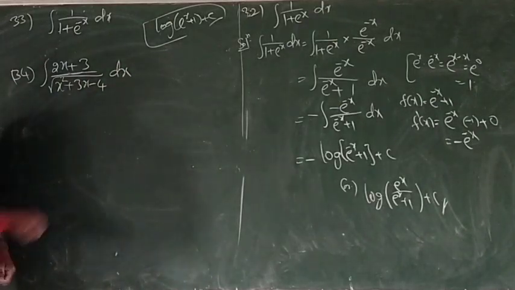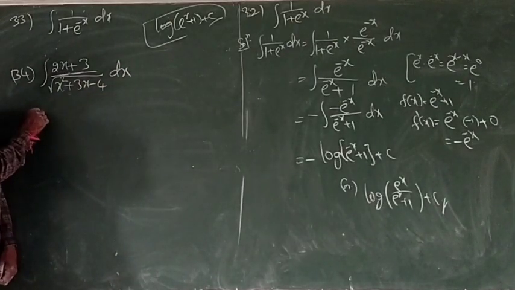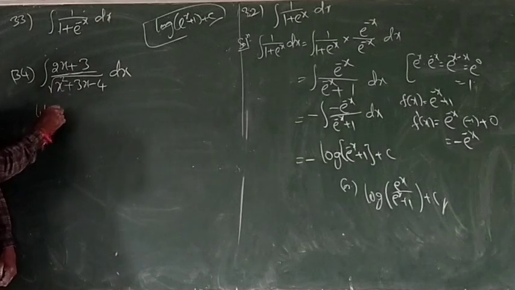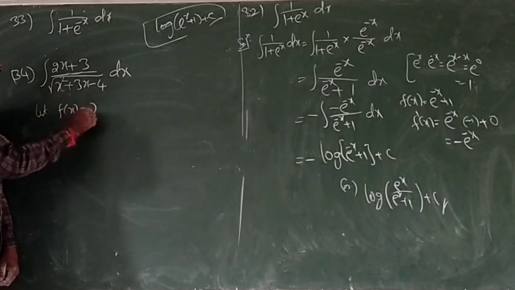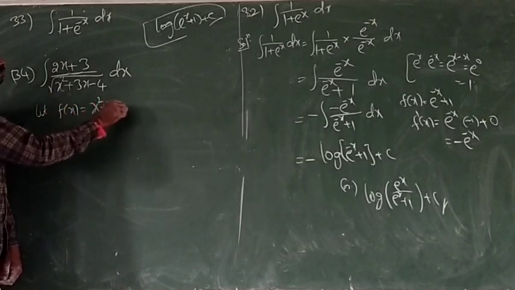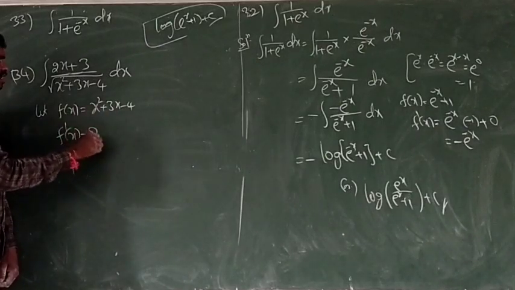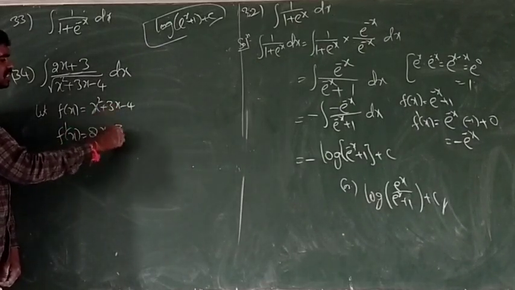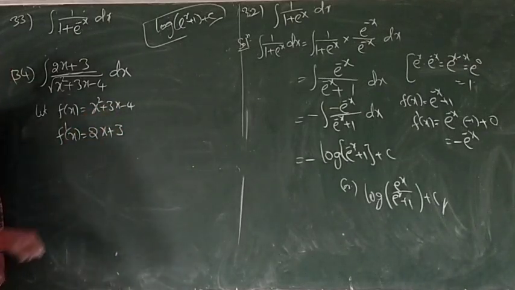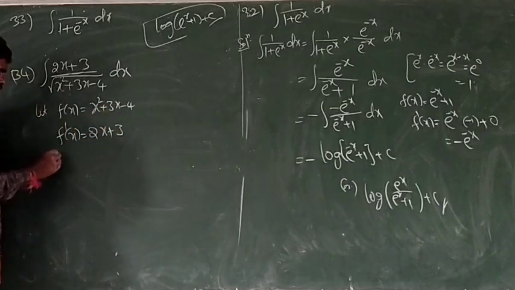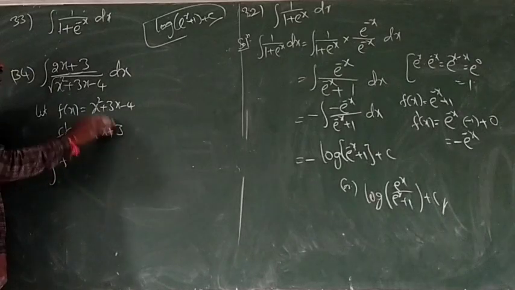Same process. Let the denominator be f of x, x square plus 3x minus 4. The derivative of this function is 2x for x square, 3 for 3x, and 0 for the constant.